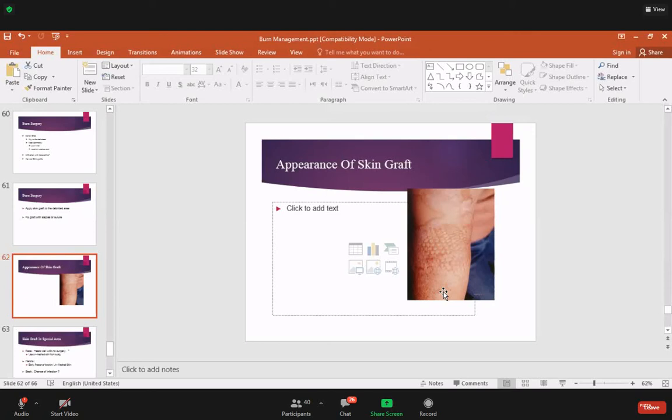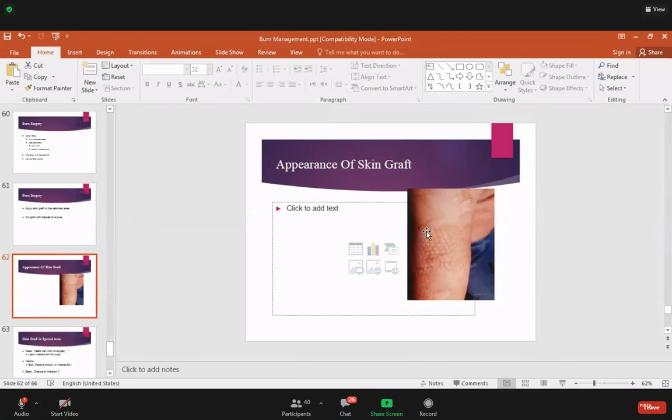When we place them in the area of burn, they take nutrition from the underlying hyperemic tissue, and then epidermis starts growing from all around, from all the edges of this graft, in between the meshes, as well as from all the area. That's why you can see in this picture it has the appearance of a mesh, a net, shabaka.